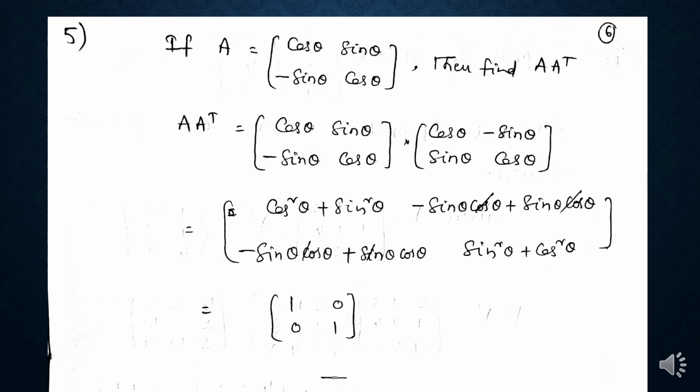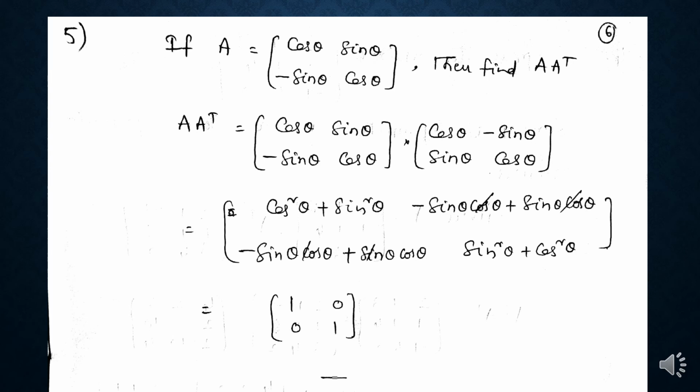Next row: minus sin theta into cos theta, minus sin theta cos theta, plus cos theta into sin theta. Second row, second column: minus sin theta into minus sin theta, that is sin square theta, plus cos theta into cos theta, that is plus cos square theta.